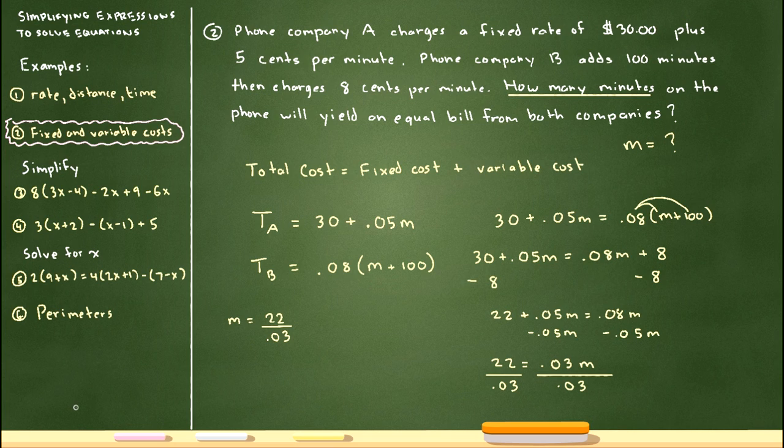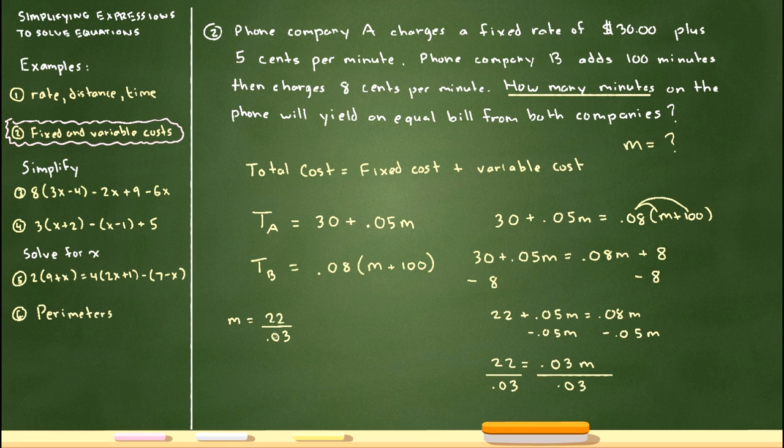Okay, and you can do this division here, 22 divided by 0.03. It's like multiplying 22 by 33 1/3.